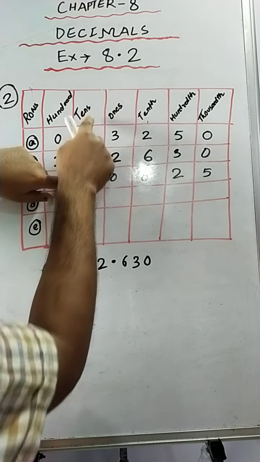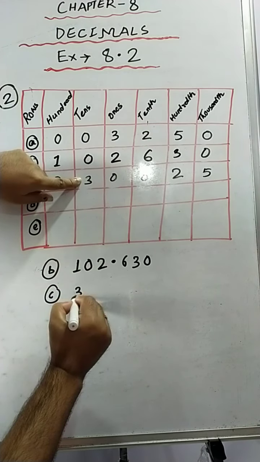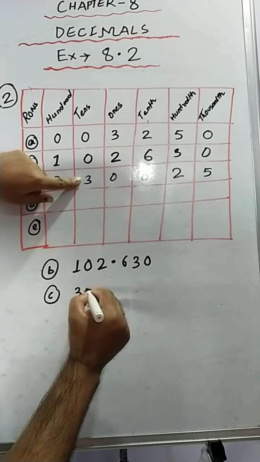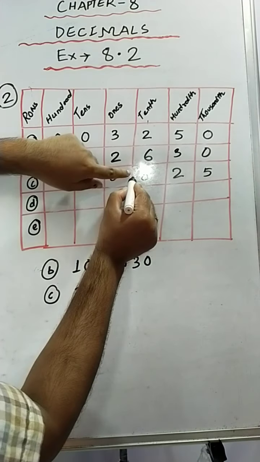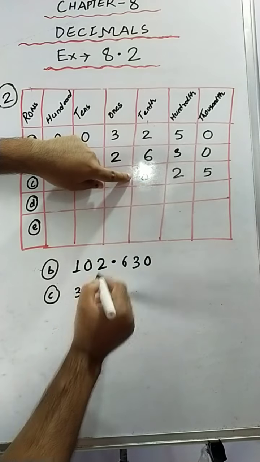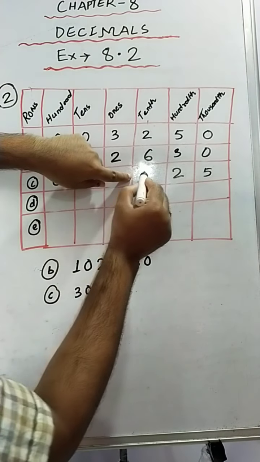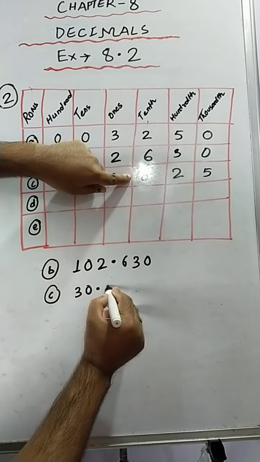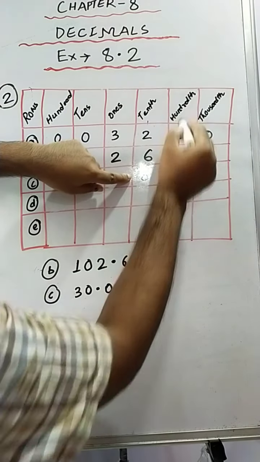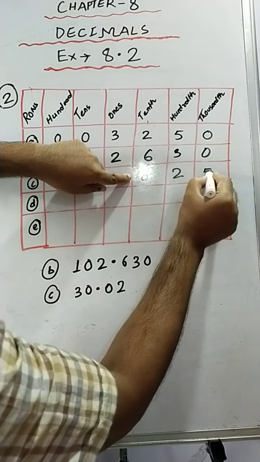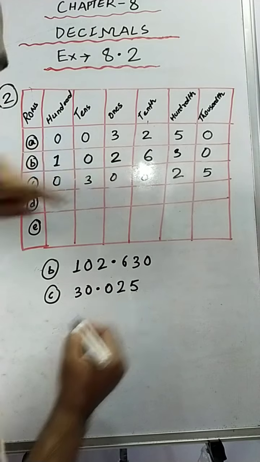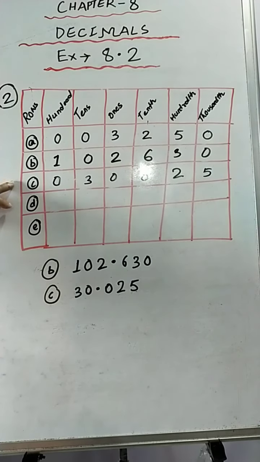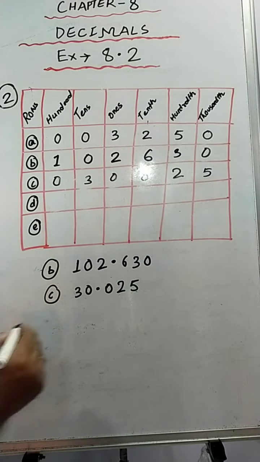How many tens are there? 3, so we write 3 here. Then how many ones are there? 0, so we write 0 here. Then from here we start the point. Now how many tenths are there? 0. How many hundredths are there? 2. And how many thousandths are there? 5. So this is the decimal form of number C.